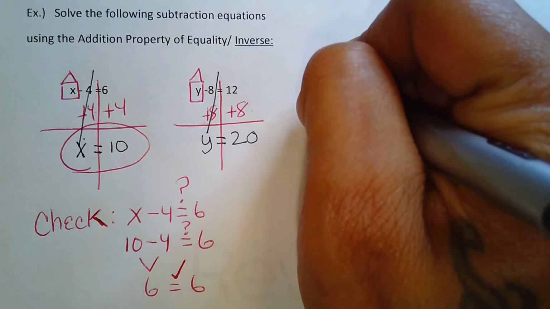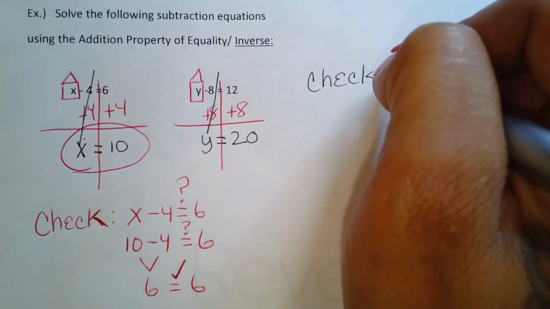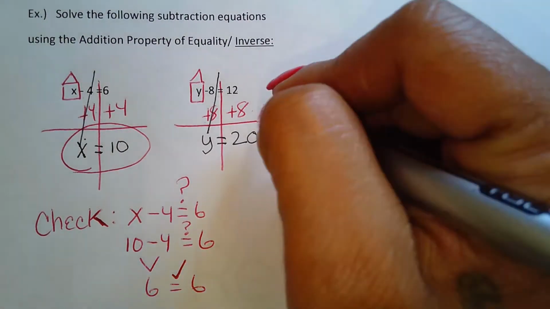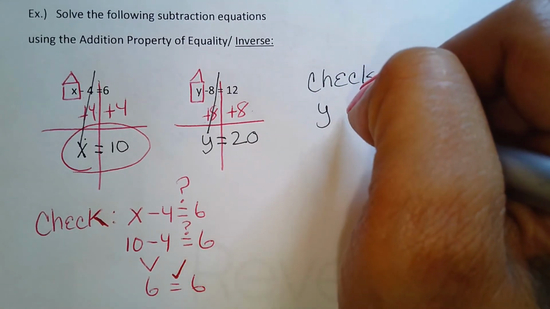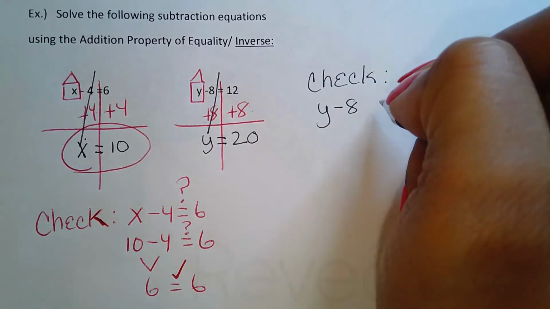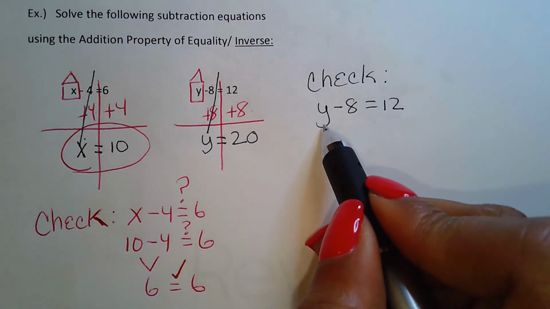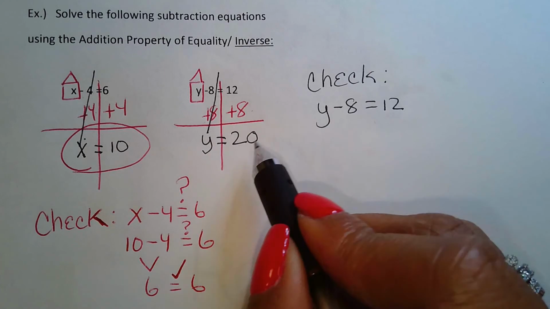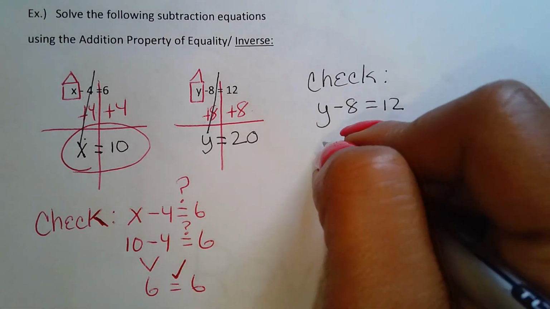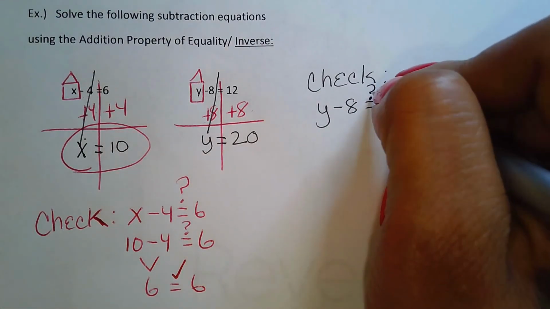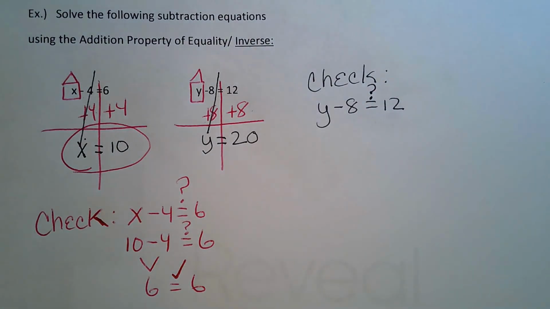Again, you can check. I'll check over here to the side. I'm going to rewrite my original problem, which was y minus 8 equals 12. In the place of y, I'm going to put the value that I found for y, which was 20. Oh, I forgot my question mark.